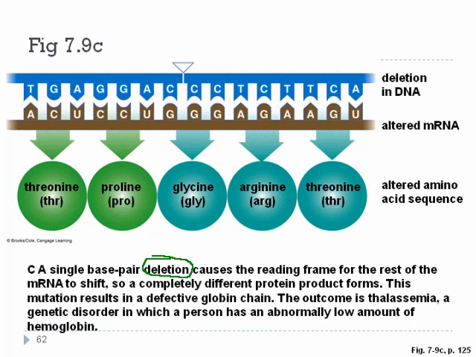If we get a single base pair deletion here, CGA, GGA, CTC is what it should have been in the original. We get a deletion here. This has changed the amino acids that come after it. The outcome is a disease called thalassemia, where their bodies can't make enough hemoglobin. They don't have enough hemoglobin, and they don't have enough oxygen.